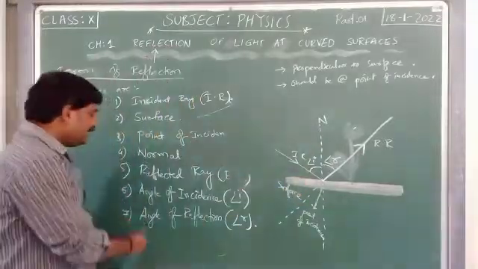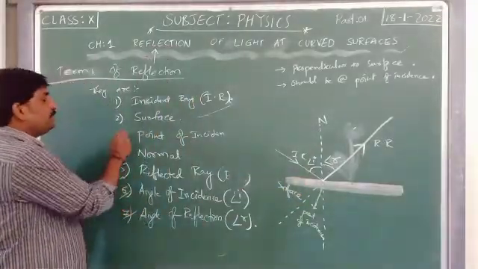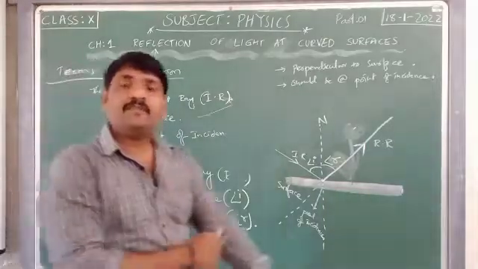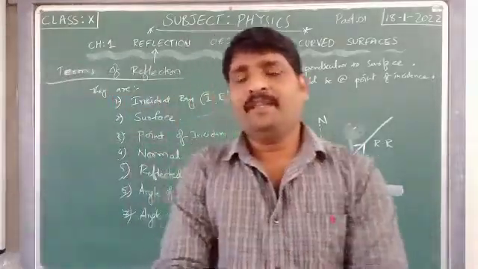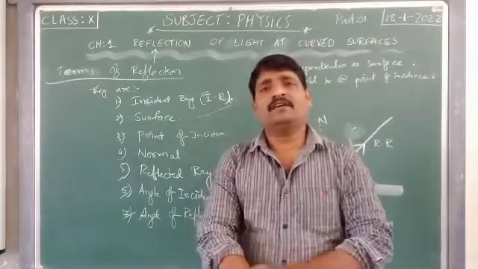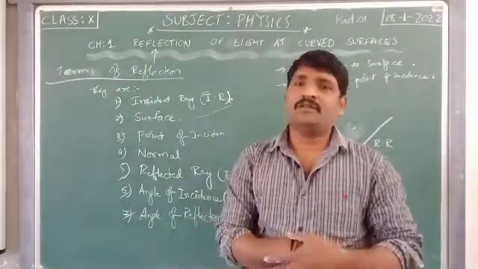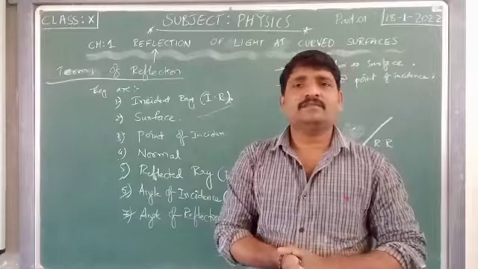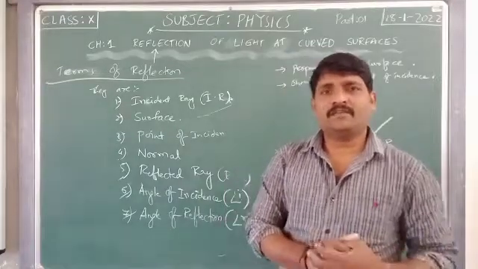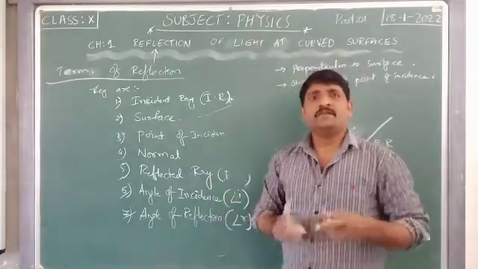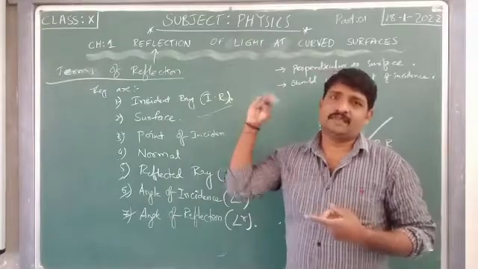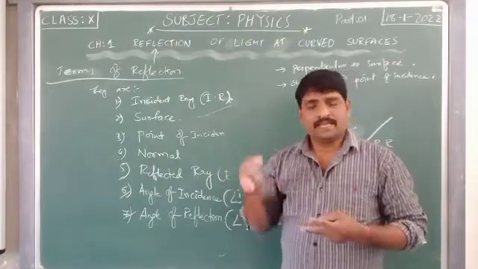So these are the seven terms which are used in the explanation of the concept of reflection, and we should be familiar with them. First is the incident ray, the ray which is emitted from any light source.